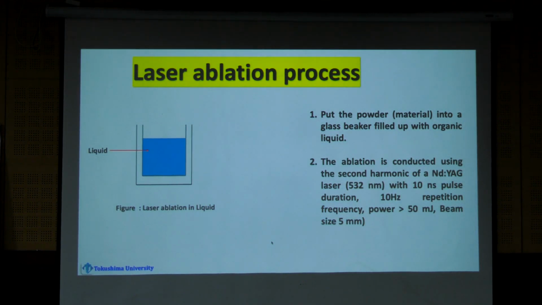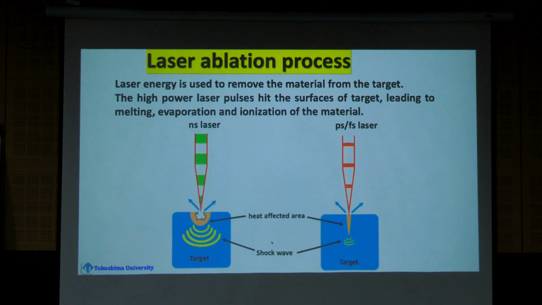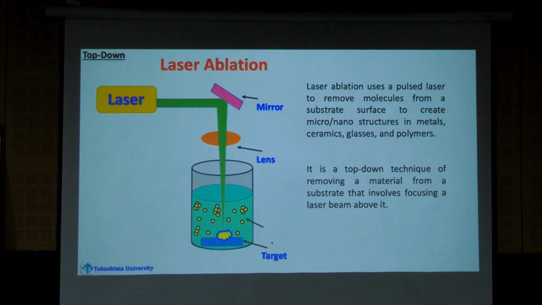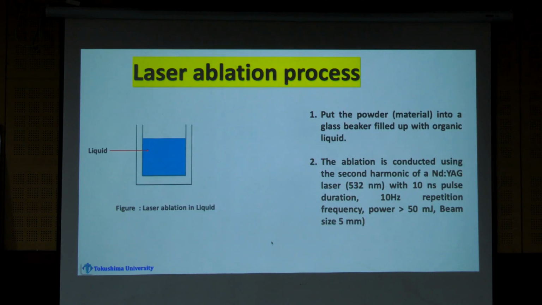So basically what we do, earlier was vertical laser ablation, and another is horizontal. We take water and put powder in that water, any powder you want, for example SnO2, WS2, even RGO. Close the glass beaker with the lid, and then use the laser horizontally.